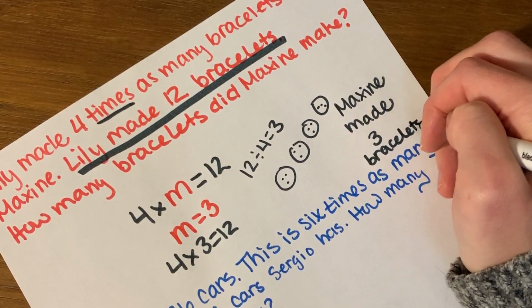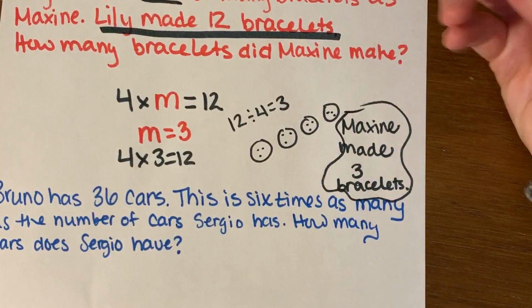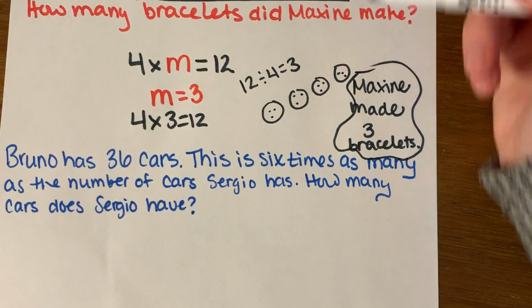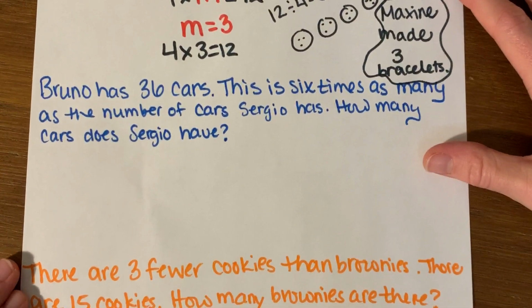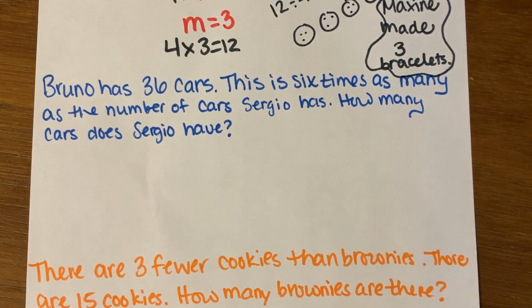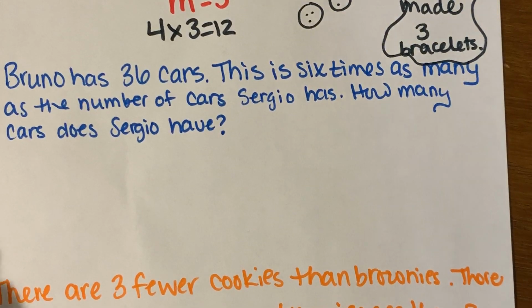This makes sense because it shows that Lily made 4 times as many bracelets as Maxine since she made 12. Okay? The next one here says that Bruno has 36 cars. This is 6 times as many as the number of cars Sergio has. So how many cars does Sergio have?